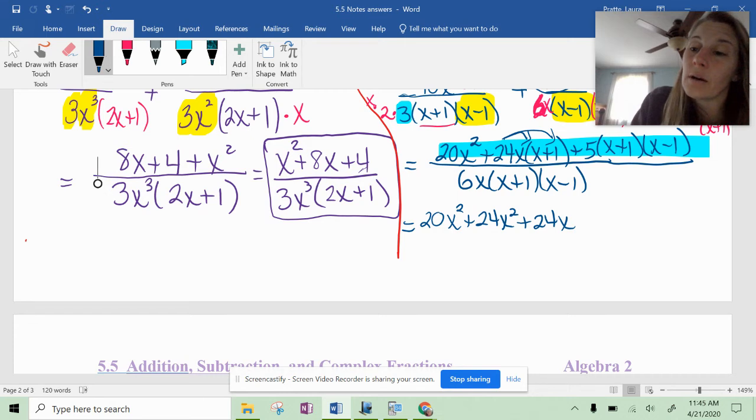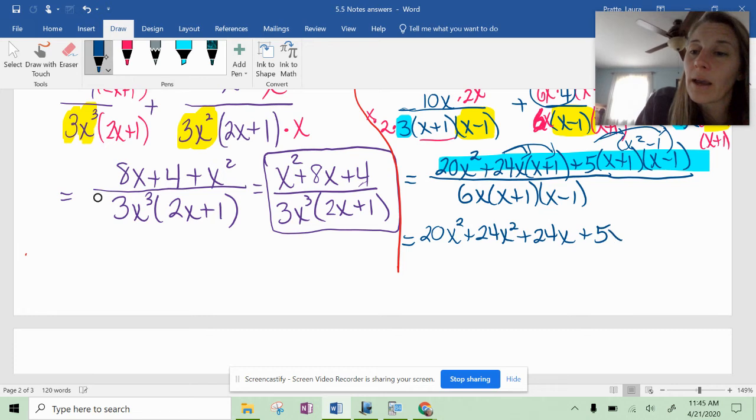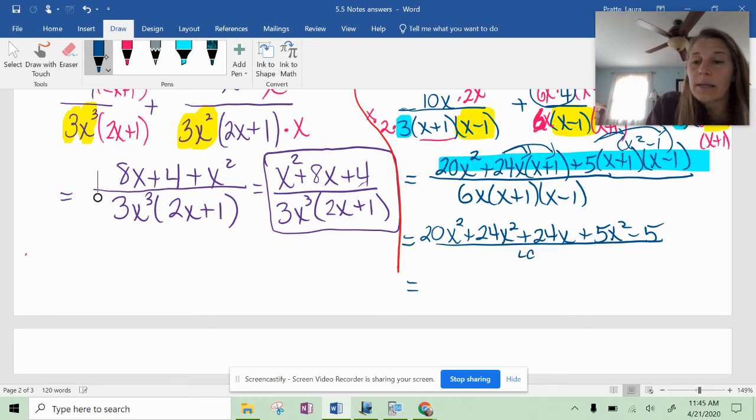Now over here, I know that this part is going to actually work out to be x squared minus 1, and I'm going to distribute my 5 to that. So it's going to become 5x squared minus 5. And that of course would be over my LCD.